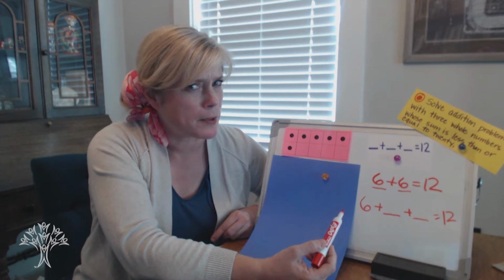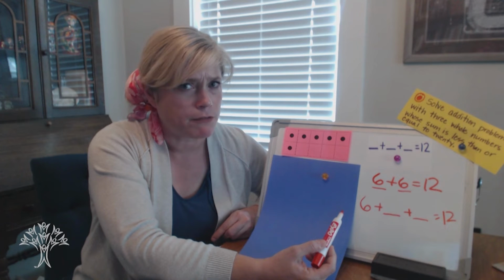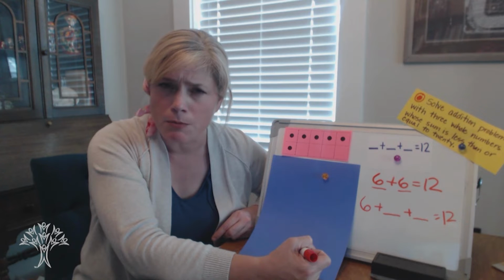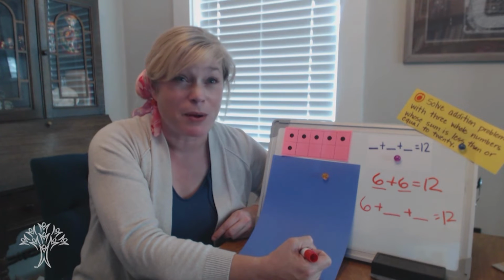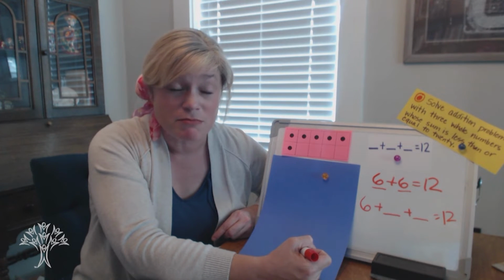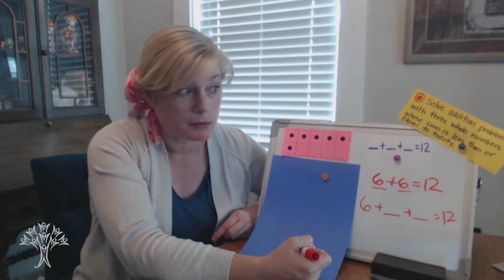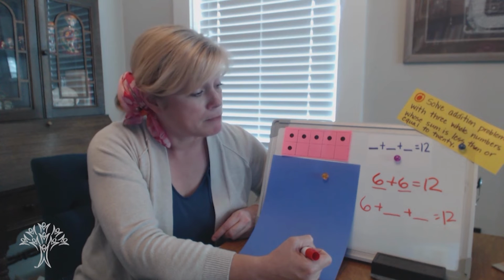Turn and talk for a moment. Work it out. Sometimes using our fingers is really helpful. Sometimes drawing pictures is helpful. Maybe you have a pile of Cheerios. Maybe you're working through that. Try not to eat them all. Remember, you need 12.